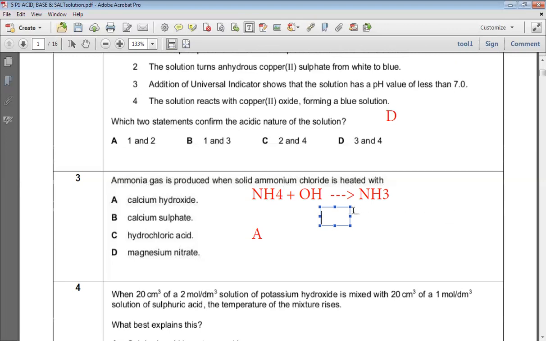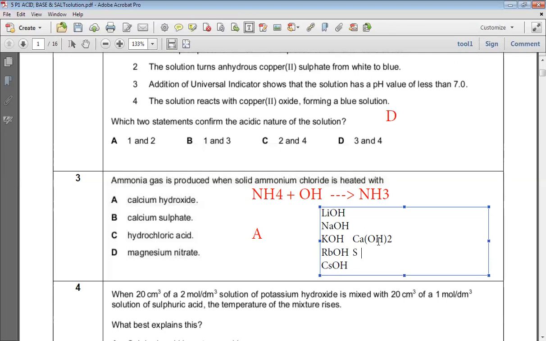We have a few strong bases in our syllabus. They are also called alkalis: lithium hydroxide, sodium hydroxide, potassium hydroxide, rubidium hydroxide, cesium hydroxide, as well as group number 2 elements like calcium hydroxide, strontium hydroxide, and barium hydroxide.